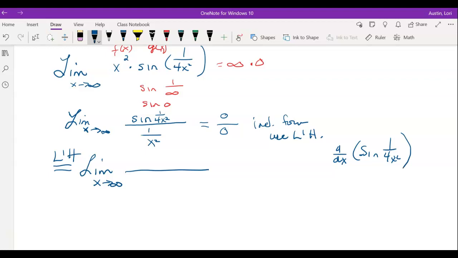However you need to get that derivative, you know how to get this derivative. It was the chain rule. If you need to, let u equal 1 over 4x squared, you can go through that whole process. So then this is just sine of u. What's the derivative of sine of u? Cosine. What's the derivative of 1 over 4x squared? We need the derivative of 1 over 4x squared.